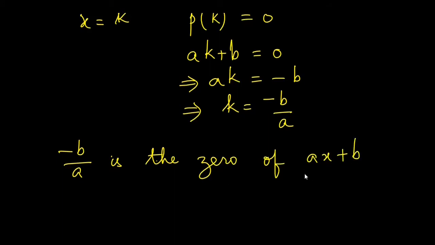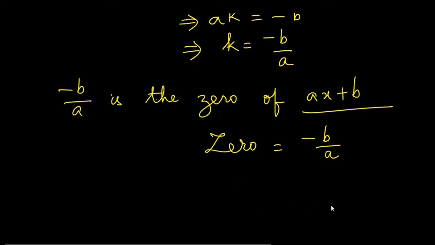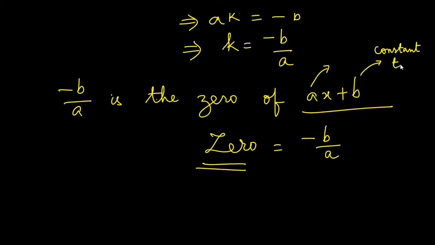The general form of linear polynomial is ax plus b. The 0 for this linear polynomial is minus b by a. So here there is a relation between 0 and the coefficients of linear polynomial ax plus b. The coefficients in linear polynomial are a and b. b is constant term in linear polynomial ax plus b, and a is coefficient of x.